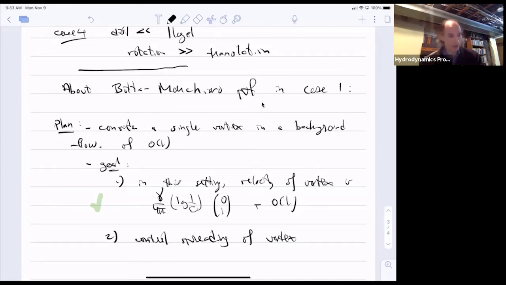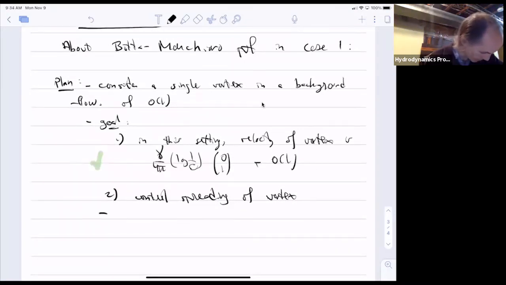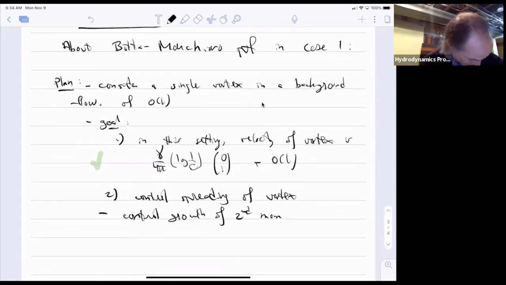So the first step was to control the growth of the second moment about the center of vorticity.